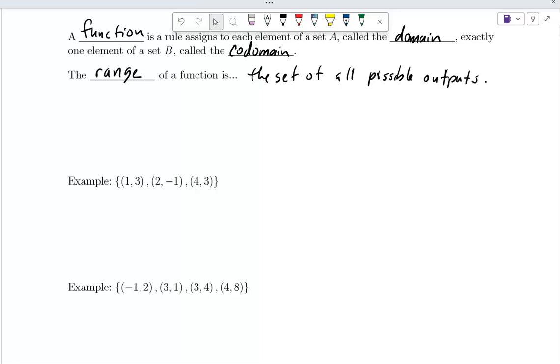Okay? So let's see if we can identify what our domain and our range are. So we said the domain is the set of all the inputs. What are your inputs here? 1, 2, and 4. So if we just write it as a set, we write 1, 2, 4. What's our range?